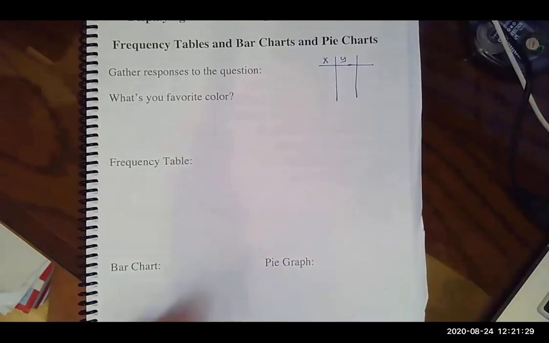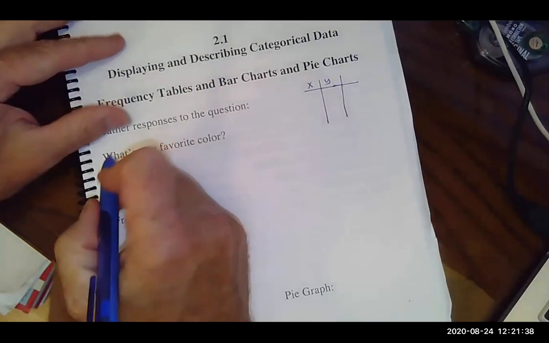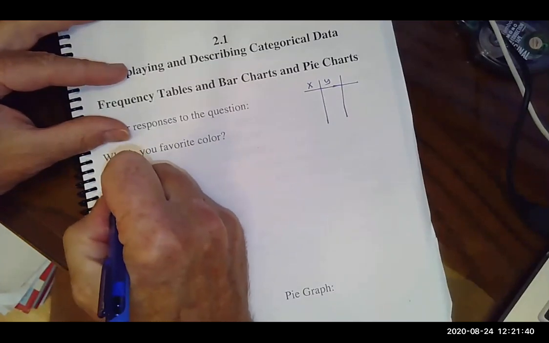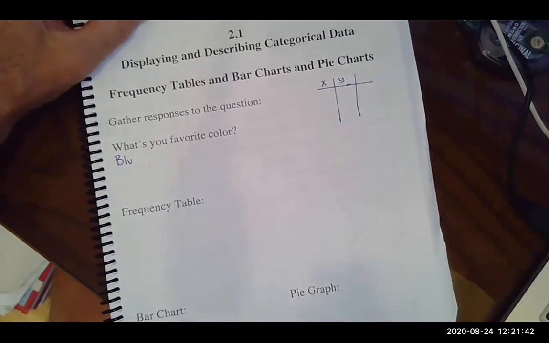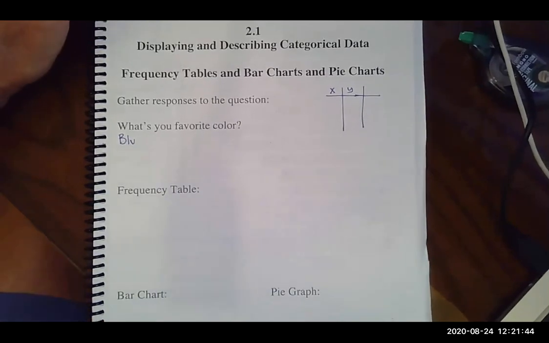Okay, so I'm going back into my little screen thing here. So, Jan, you back with us? Yep. Good. You get to start. Favorite color, Jan? Blue. Okay, just start. Be patient, one at a time.